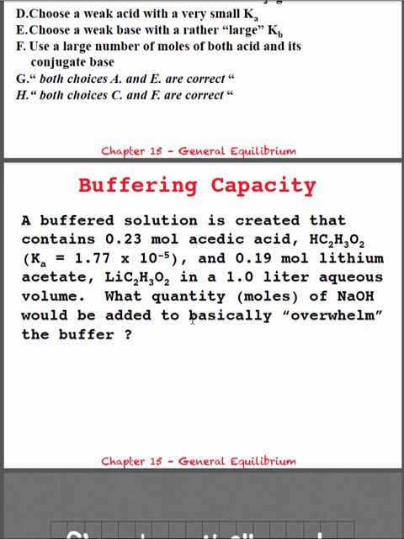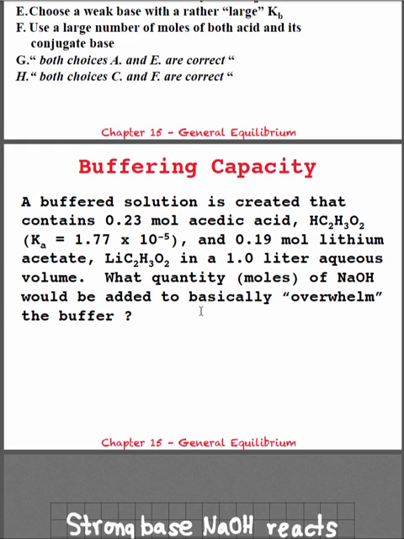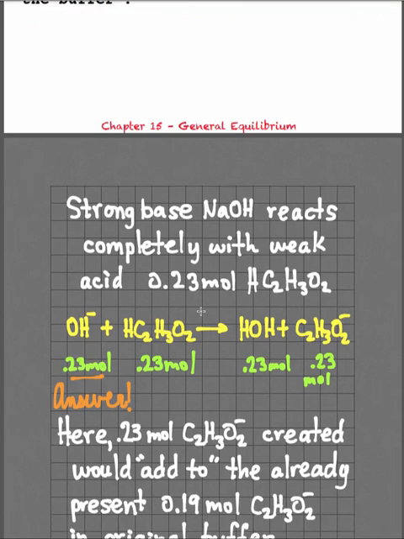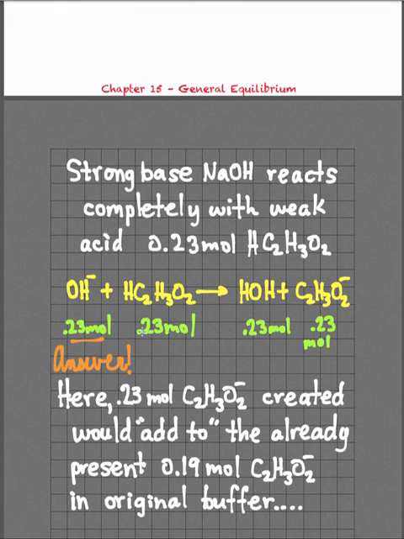A buffered system is created by 0.23 moles of acetic acid and 0.19 moles of lithium acetate. This acetate ion is the conjugate base of this acetic acid. I think I have in my mind how I would set up the Henderson-Hasselbalch equation. Oh, but they set up 0.23 moles of acid and 0.23 moles of conjugate base.